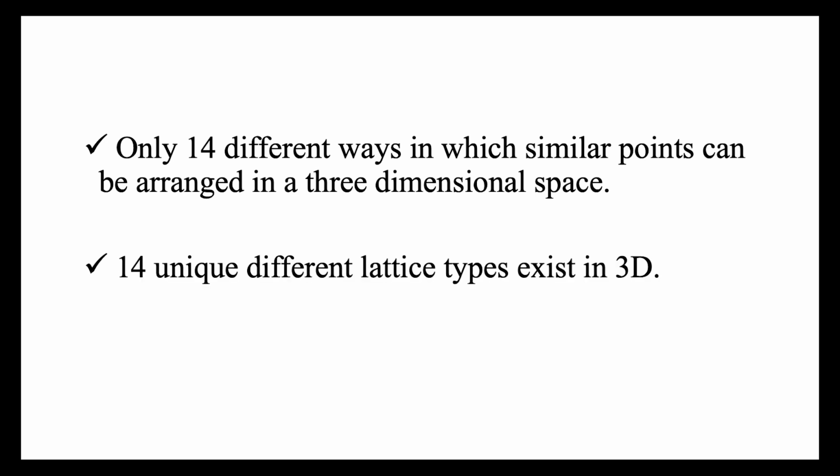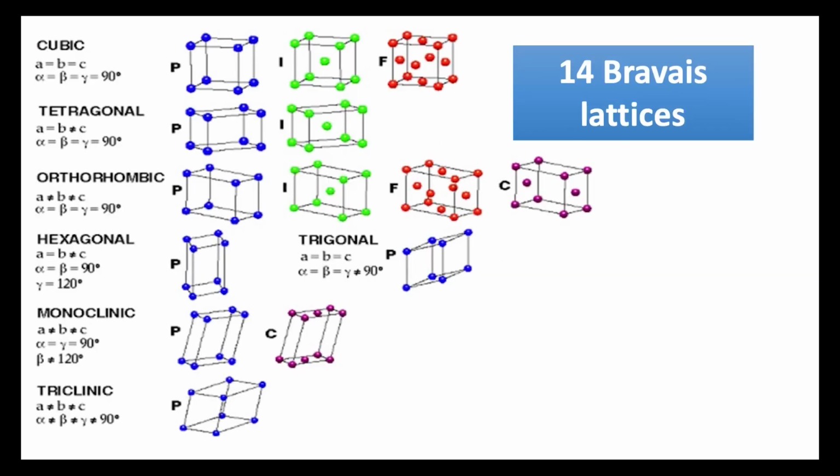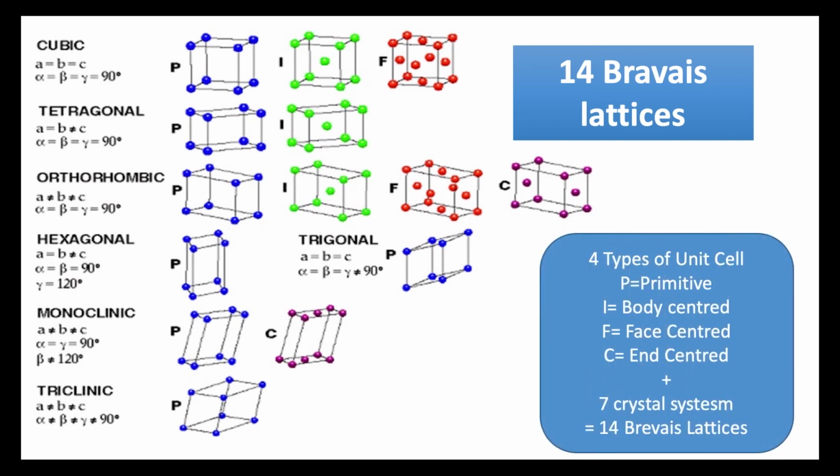Or we can say that there are only 14 unique lattice types in 3 dimensions. These are called the 14 Bravais lattices. Here you can see all the 14 Bravais lattices, which include the 4 types of unit cells: primitive, face-centered, body-centered and end-centered unit cells, and also the 7 types of crystal systems.